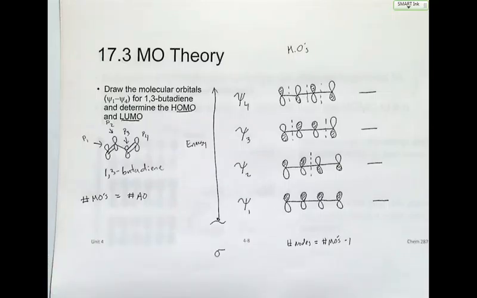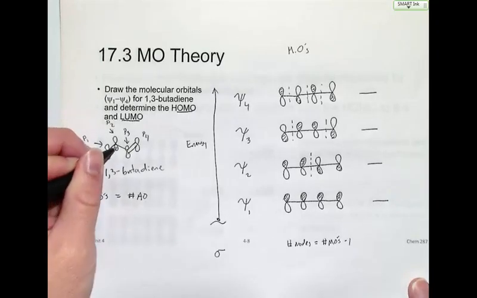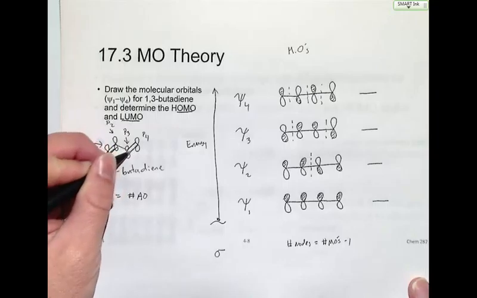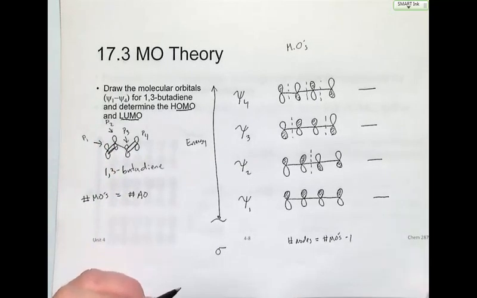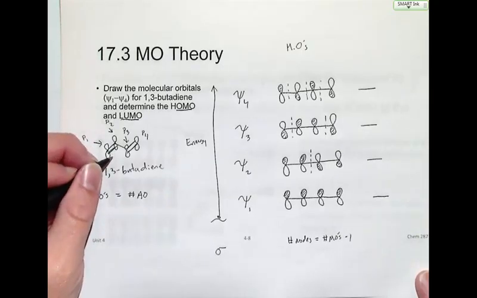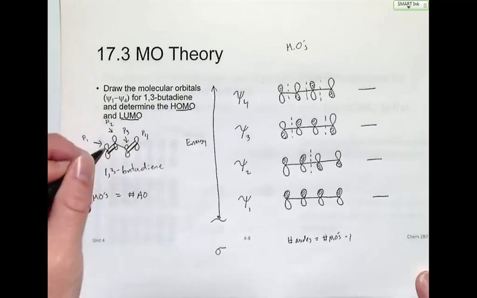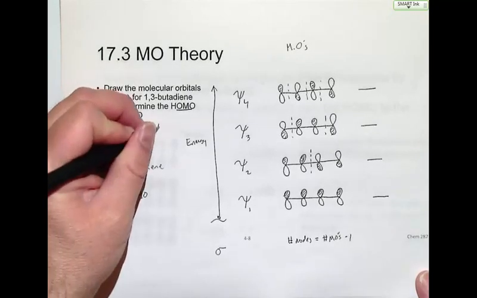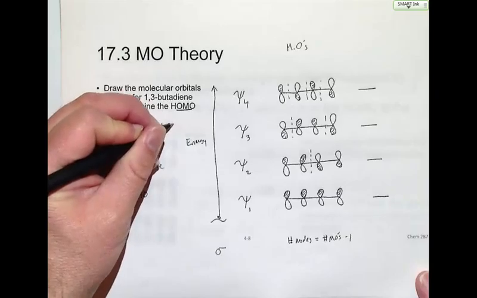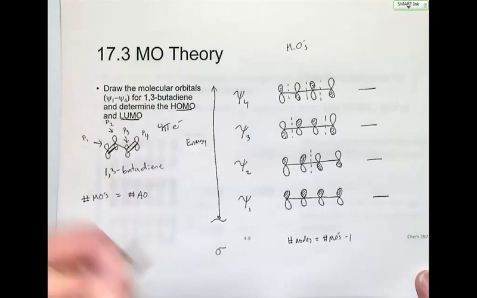So now we have to figure out how many electrons to fill this thing up with. To do that, look at the number of pi electrons, the electrons that live in pi orbitals and pi bonds. Only those. So we have 2 electrons for each double bond, in this case a total of 4 pi electrons.